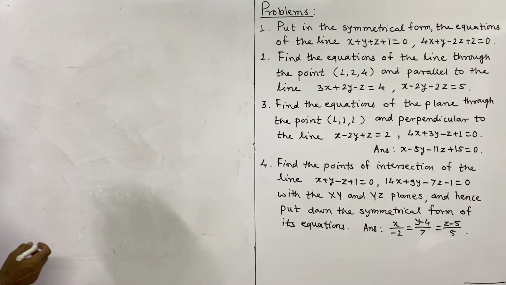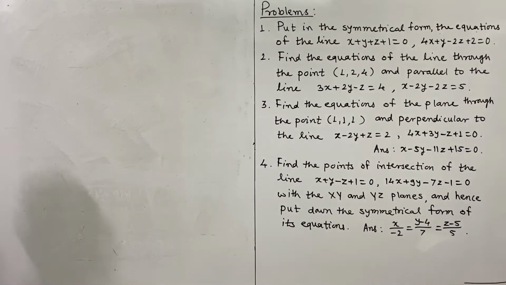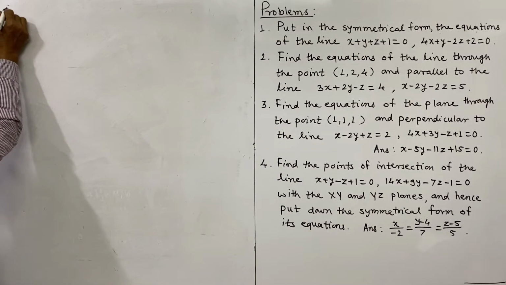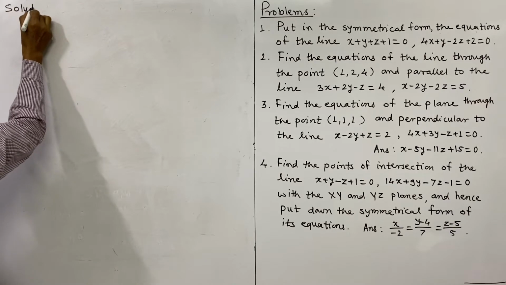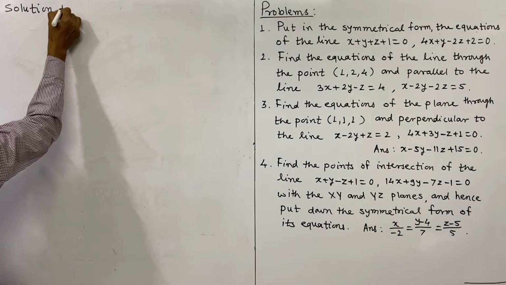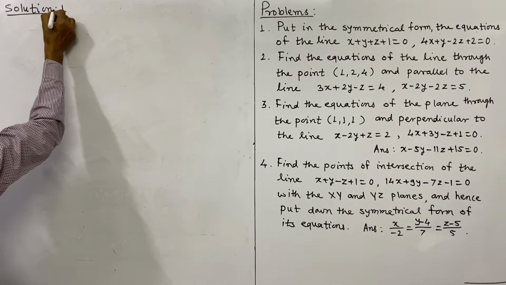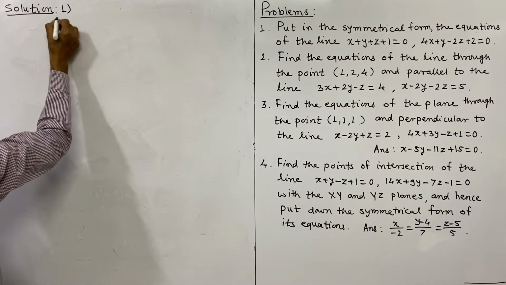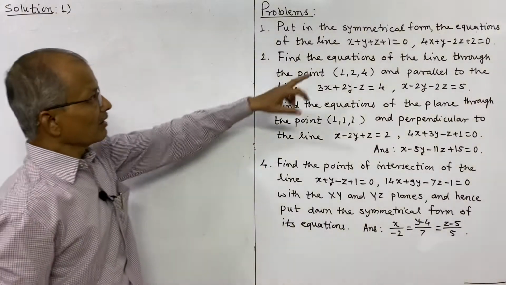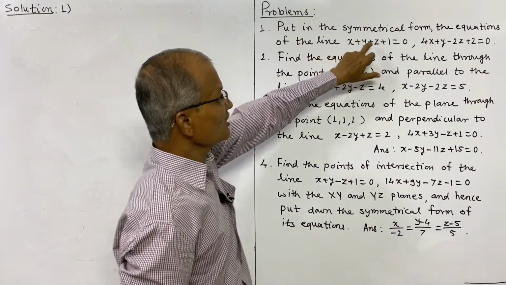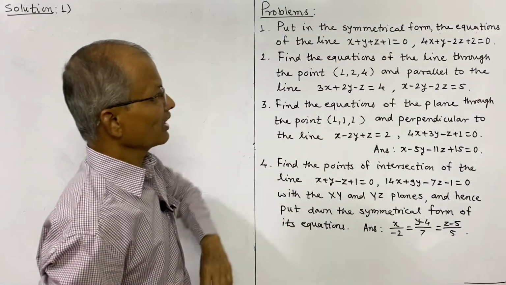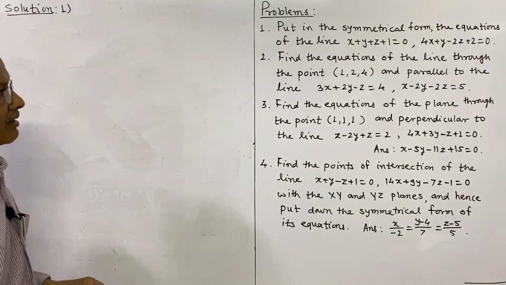Now first, the solution for the first problem. The given line is in unsymmetrical form. We have to put the line in symmetrical form.